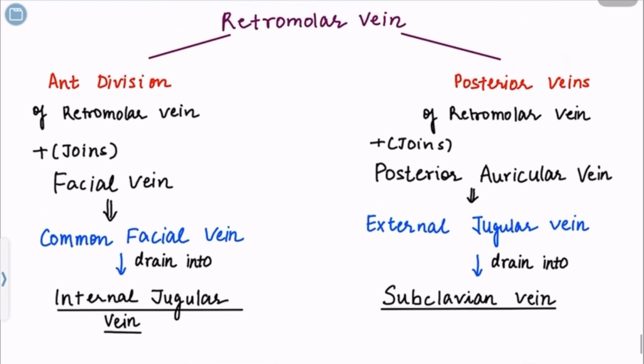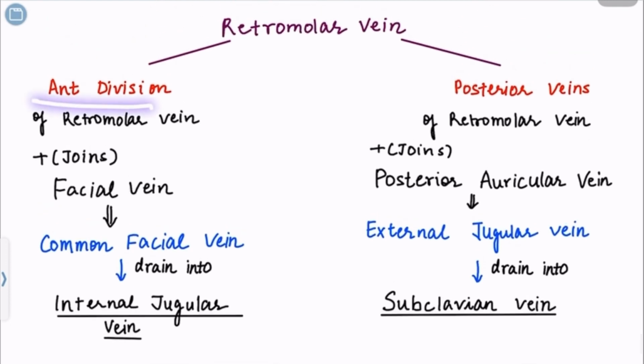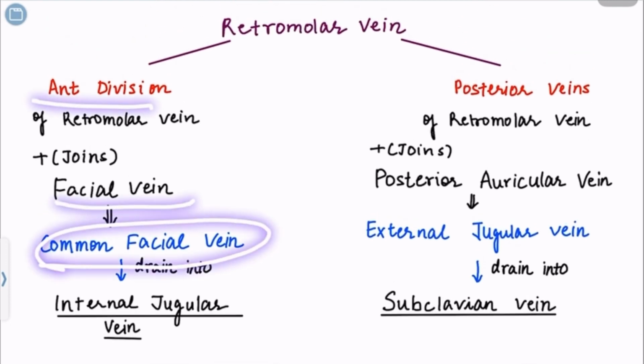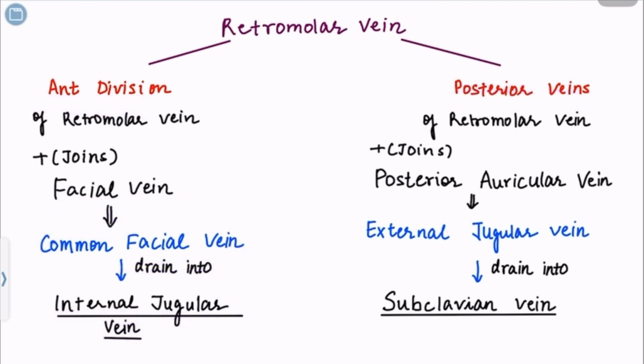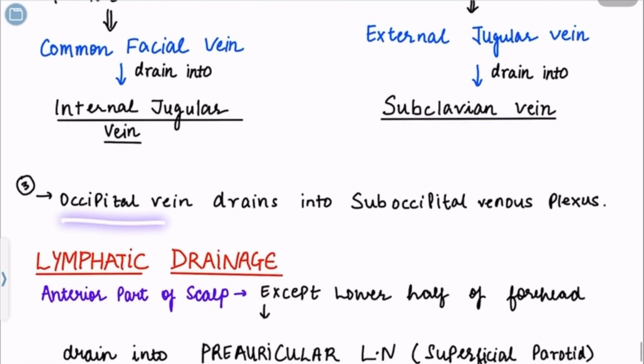And this anterior division joins the facial vein. It forms the common facial vein. It drains into the internal jugular vein. And the posterior division of retromolar vein joins the posterior auricular vein, and it forms the external jugular vein. And this external jugular vein drains into the subclavian vein. And third is the occipital vein, which drains into the suboccipital venous plexus. This was the venous supply.